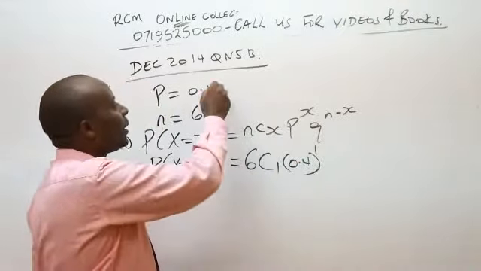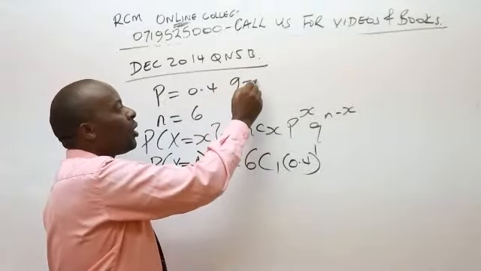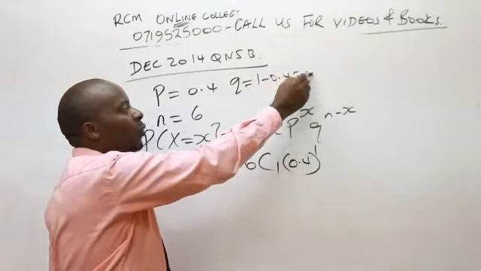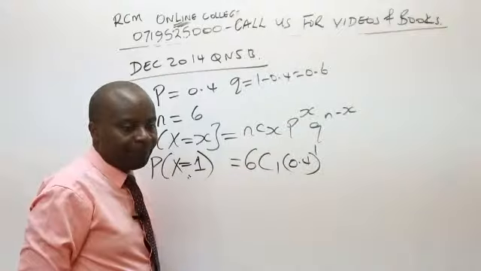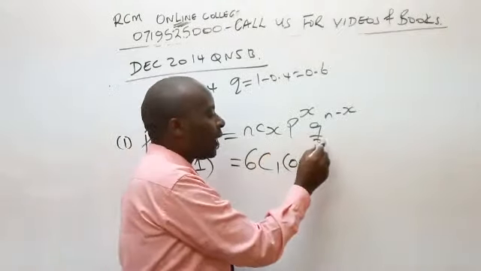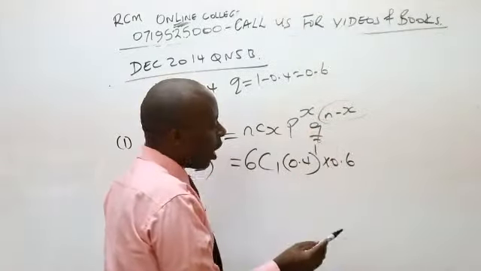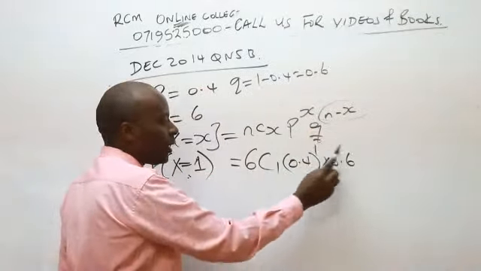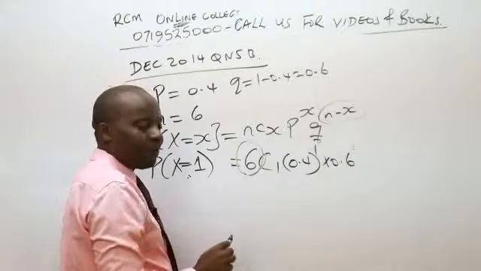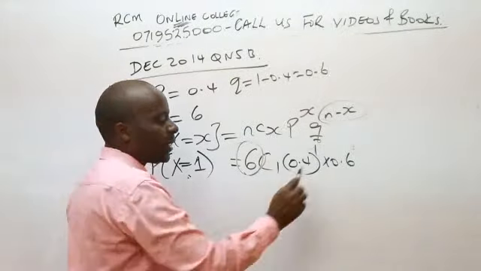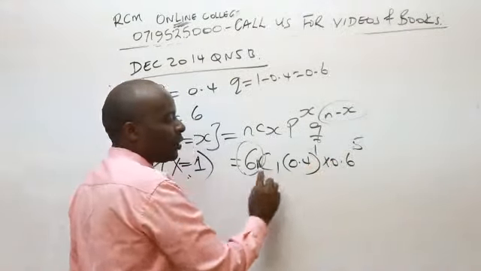And remember that if P is 0.4, then Q will be 1 minus 0.4, which is 0.6, raised to the balancing power. Remember the 2 powers must always add up to n. So the balancing power here will be 5, since 1 plus 5 is 6.